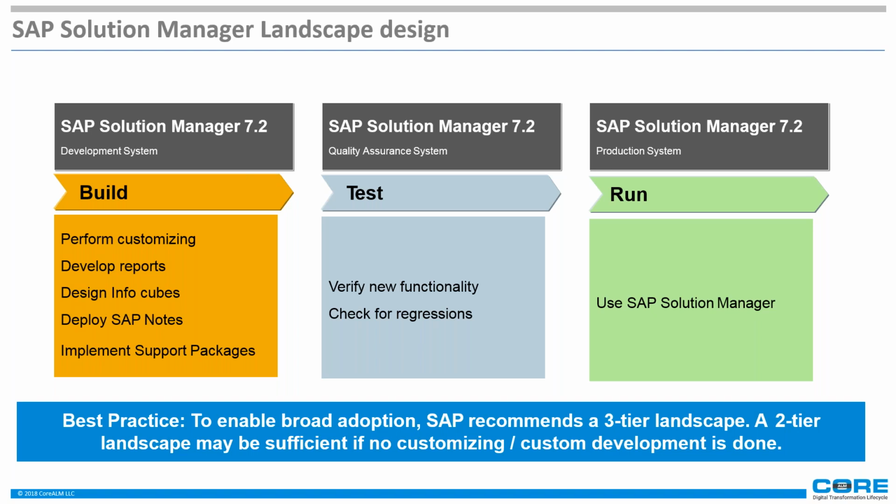And if you're using out-of-the-box functionality, typically a two-tier landscape will be more than sufficient to support your environment. But if you're planning on having a lot of customizations, customizing a lot of the functionalities, then a three-tier landscape definitely makes more sense.